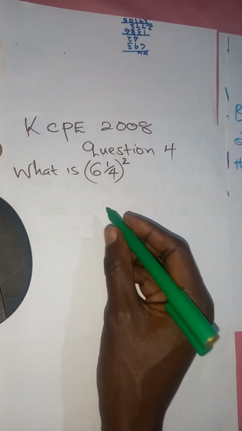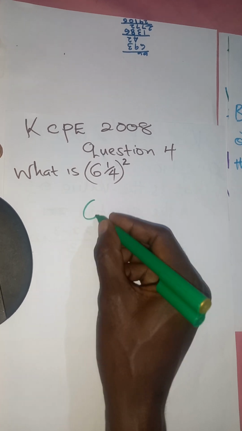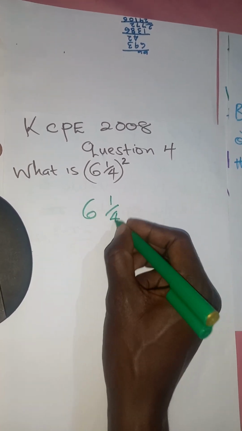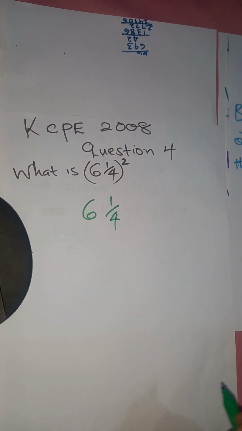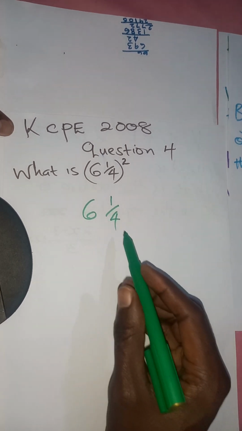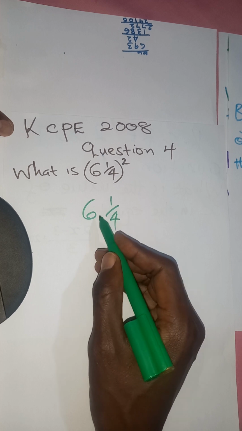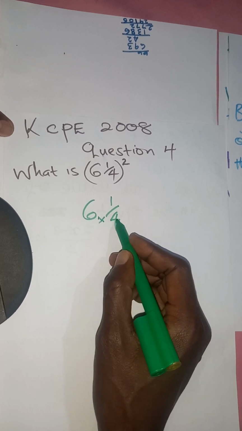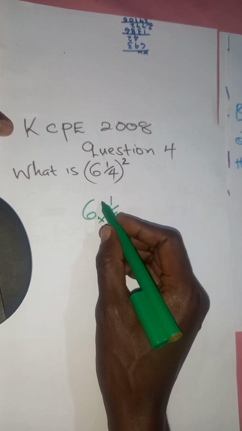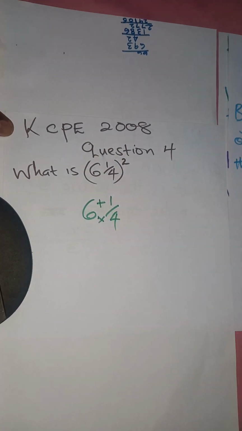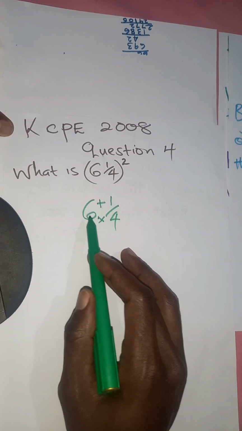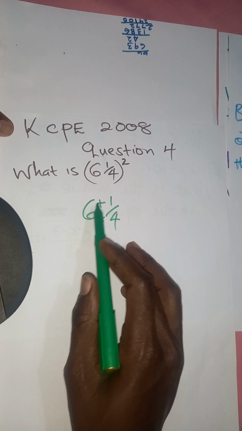So for this question, you are supposed to start by changing the mixed number into an improper fraction. So you write 6 1/4. To change into an improper fraction, we multiply the denominator by the whole number, that is 6 times 4, then we add 1. So 4 times 6, we get 24, then plus 1.